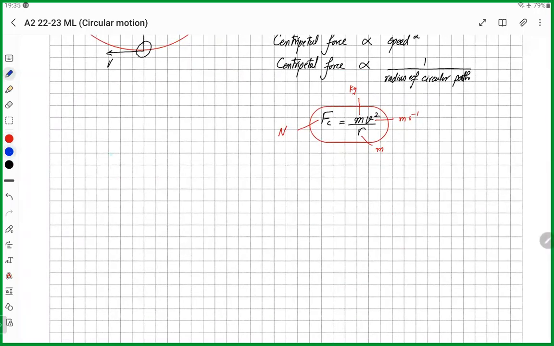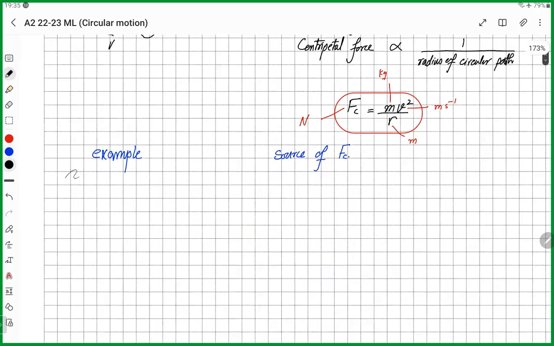Let's make a list. Example, source of centripetal force. Example number 1: a car moving on a circular track.